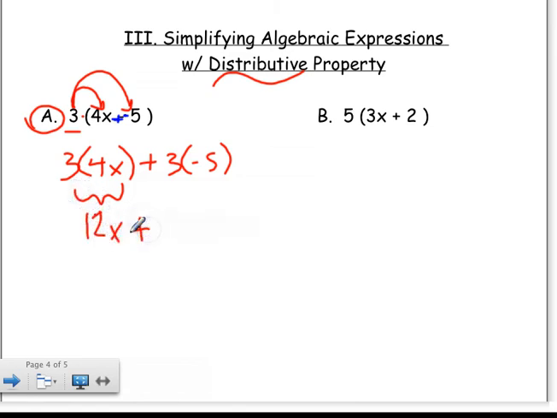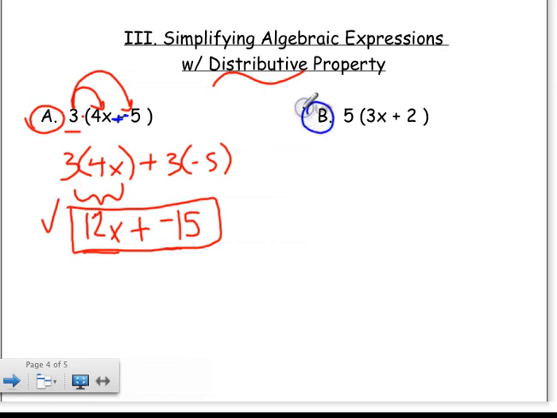Plus 3 times negative 5 is negative 15. I cannot combine these anymore since 12x is not the same thing as 15 ones. They're not combinable. They're not like terms. So actually, this is my final expression, 12x plus negative 15. That's the simplified version of that expression using the distributive property.